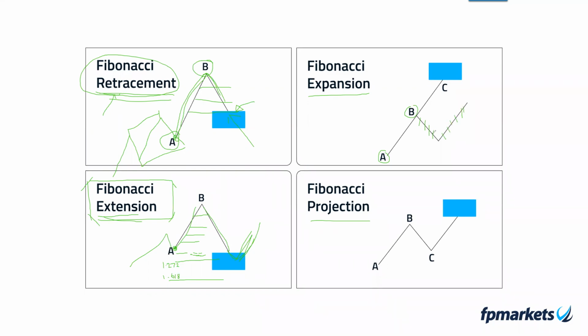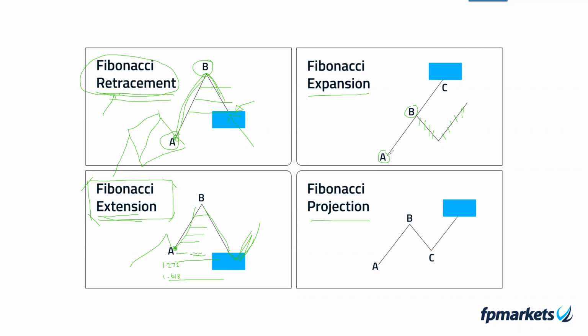Where the Fibonacci expansion tool comes in handy is if you're in a parabolic move and there's no resistance in sight. The Fibonacci expansion can help you project potential Fibonacci resistance where price may react, and you can potentially take profits or reduce your position.